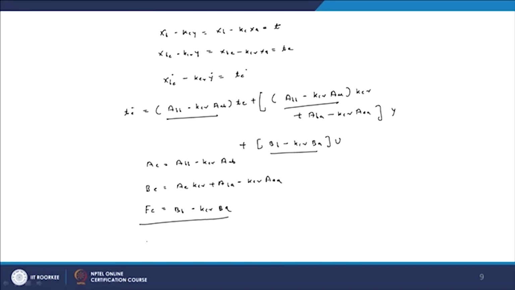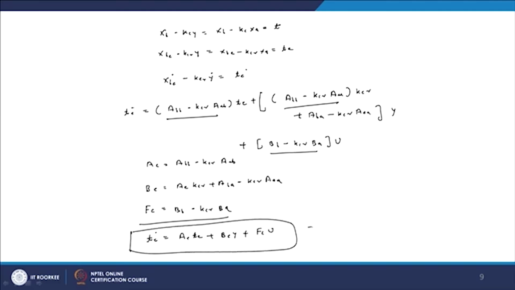Therefore the final equation is T dot equal to AE into TE plus BE into Y plus FE into U. This is the equation for a minimum order observer.